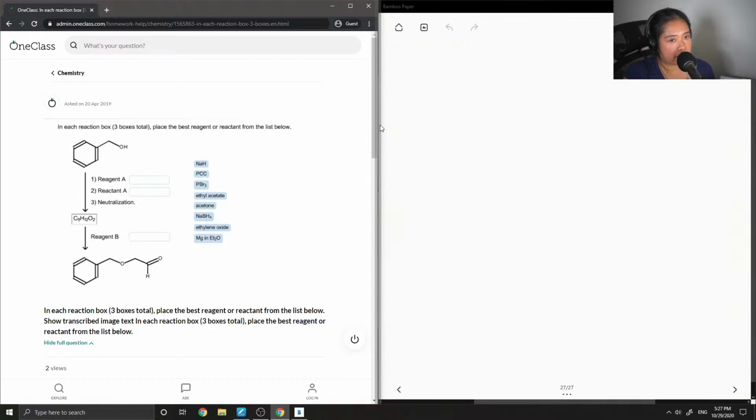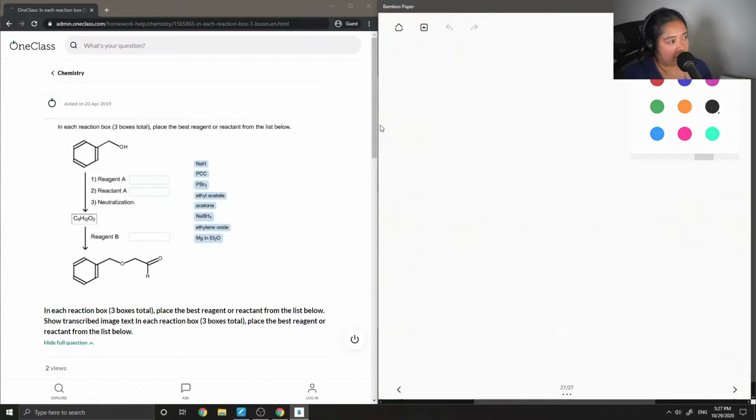In each reaction box, place the best reagent or reactant from the list below. So first we have an alcohol group that reacts. It looks like they added a new carbon oxygen bond plus an aldehyde. I'm just going to add the reagents real quick.